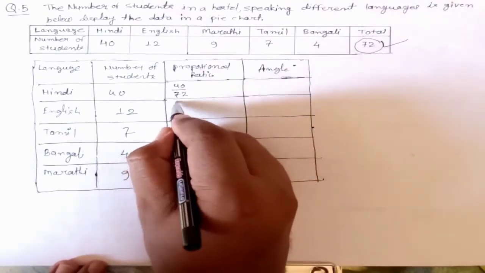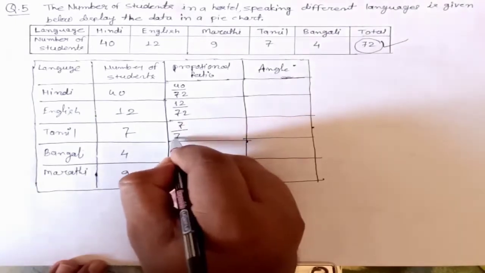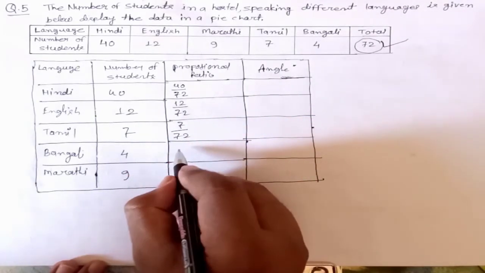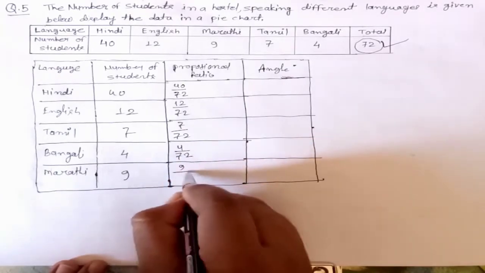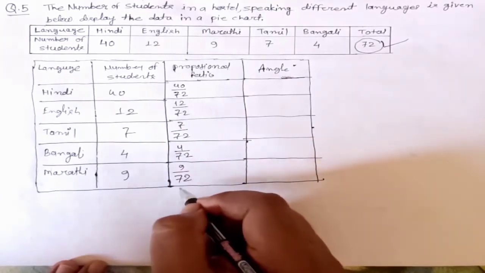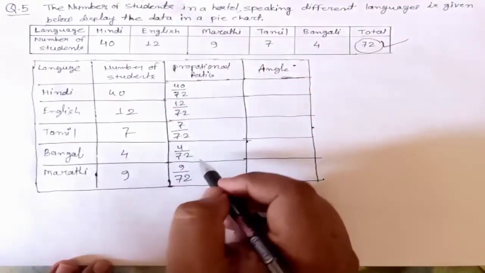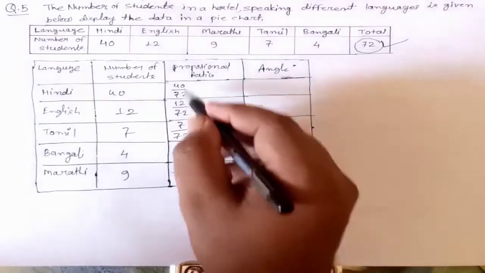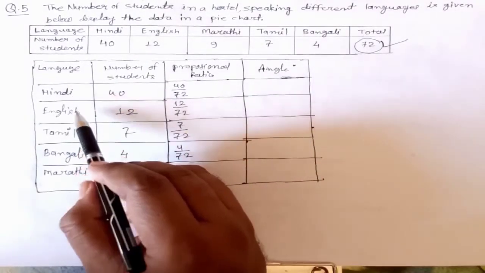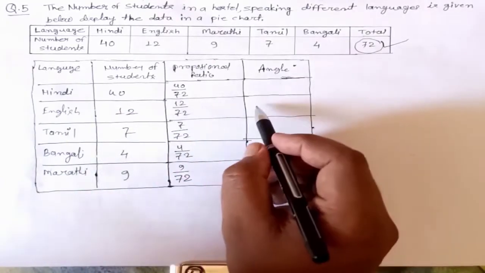So next one, 12 divided by 72, then 7 divided by 72, then 4 divided by 72, then 9 divided by 72. Getting my point? This is a proportional ratio, right? So proportional ratio of each sector of Hindi, English, Tamil, Bengali and Marathi, right? Now we have to calculate the angles.